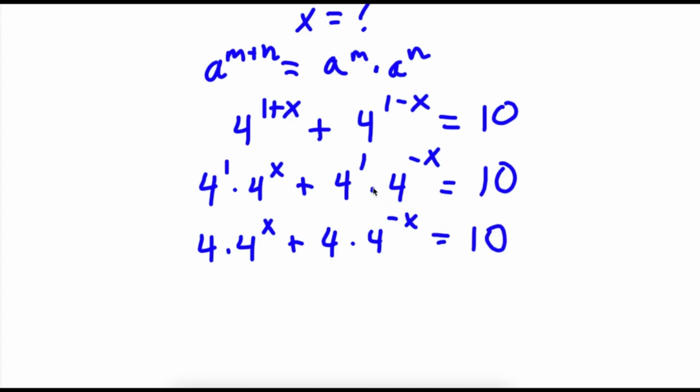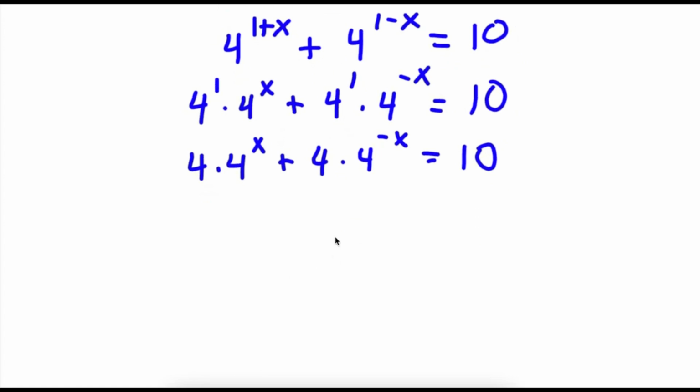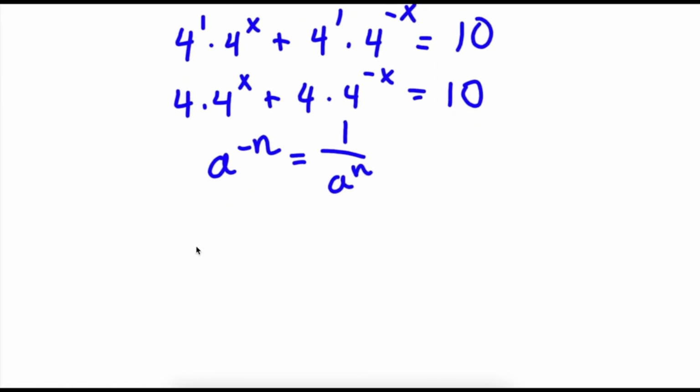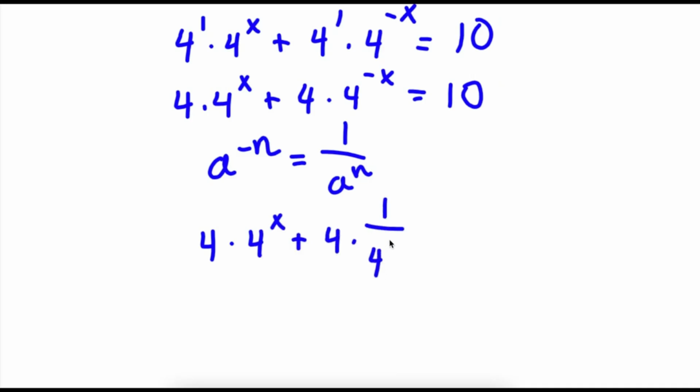Now, if I have something in the form a to the power of negative n, this is equal to 1 over a to the power of n. So in this case, 4 to the power of negative x, this is going to equal 1 over positive 4 to the power of x. This is equal to 10.